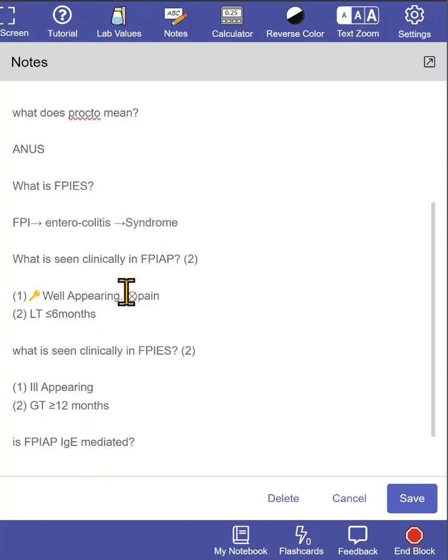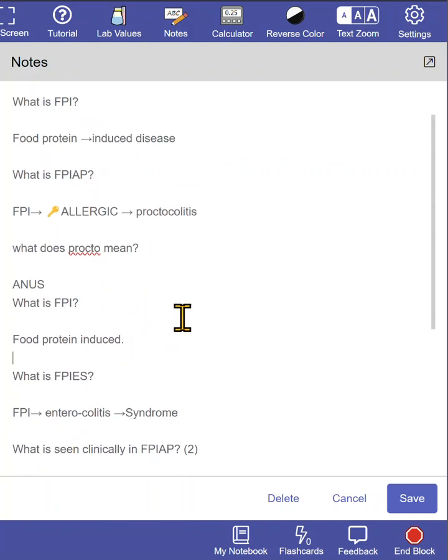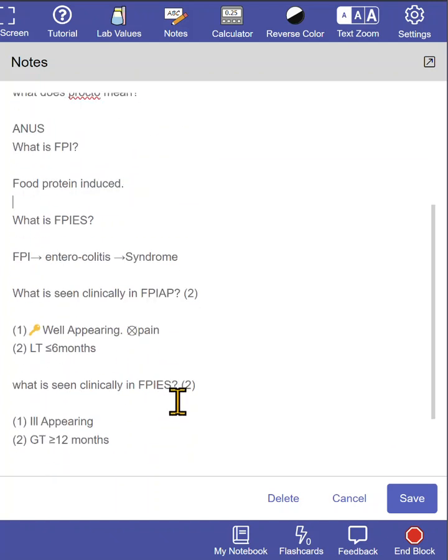So FPI is food protein induced. Both of these expressions have food protein induced. So I should say, what is FPI? Food protein induced. What is FPIES? It's food protein induced enterocolitis syndrome.